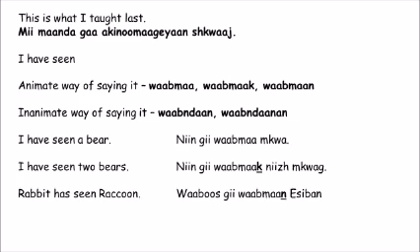If you only see one person or one thing that is alive, you have to say, I have seen a bear. Ningi waabmaa makwa. That's for one. For more than one, you'd have to put a K at the end of waabmaa, which makes it waabmak.